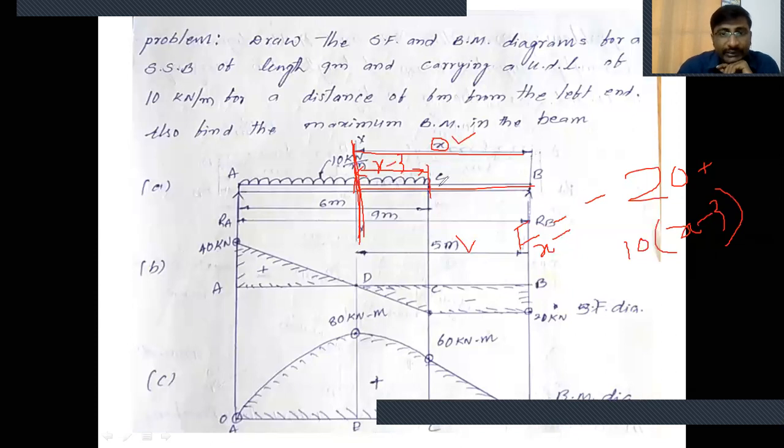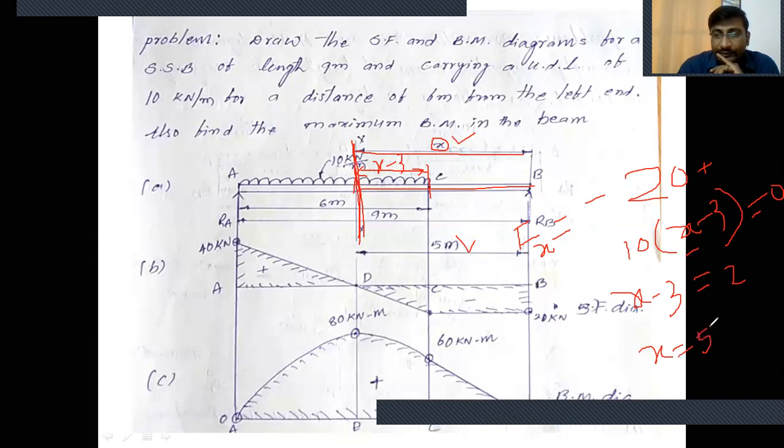Clear, students? If we equate Fx to 0, that means zero shear force, then we can get the X value. So 20 goes to the right-hand side as plus 20. 20 by 10 is 2, so X minus 3 is equal to 2. So X is equal to 5, that means X is equal to 5 meters.